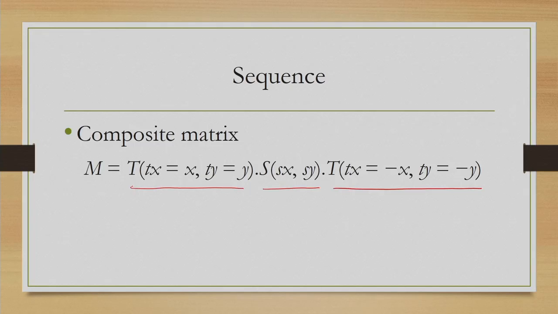So, our composite matrix will be a multiplication of these three matrices T, S and T. Let us call it T1, T2. We multiply to get the composite matrix representing scaling with respect to any point other than origin.